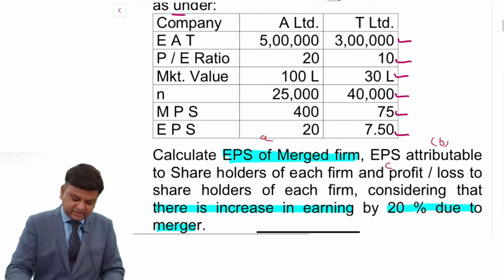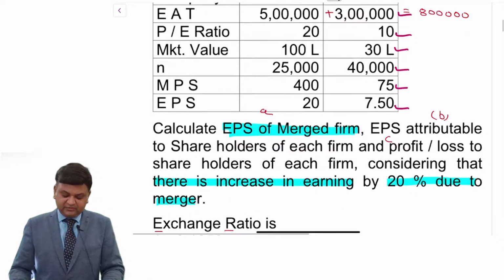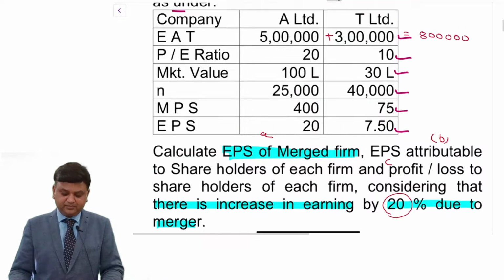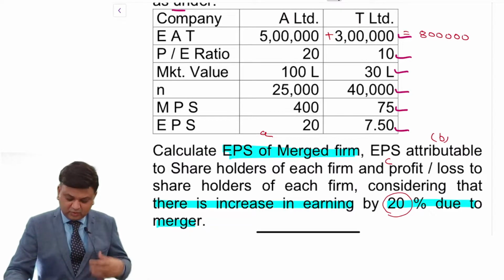Dear students, we understand 5 plus 3 comes to an amount of 8 lakhs. As per the given information, there is an increase in the earning by 20%. So 20% of 8 lakhs comes to 1,60,000.